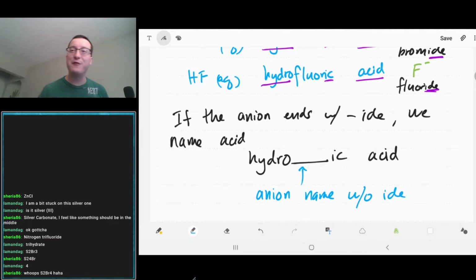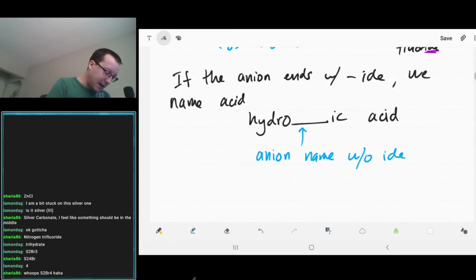So notice we had fluoride. We are going to drop the "ide," so we have fluor left. And now we're just going to plug that into this template. So you get hydrofluoric acid, hydrochloric acid.